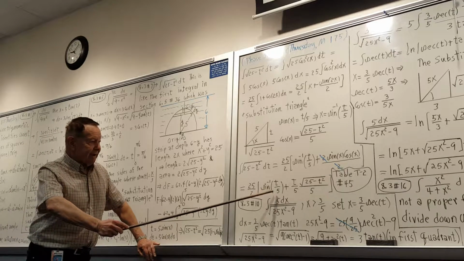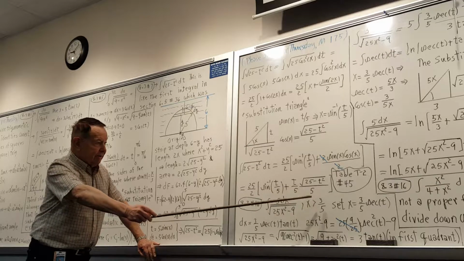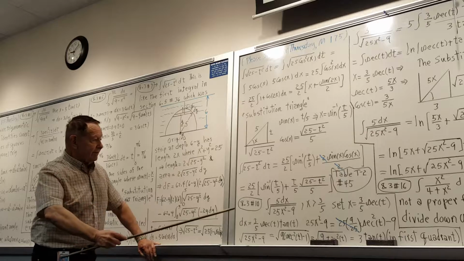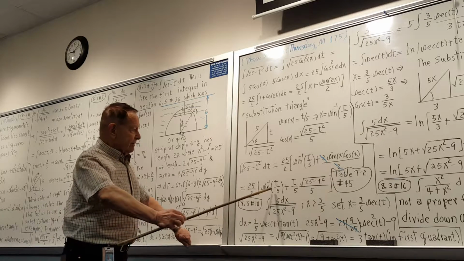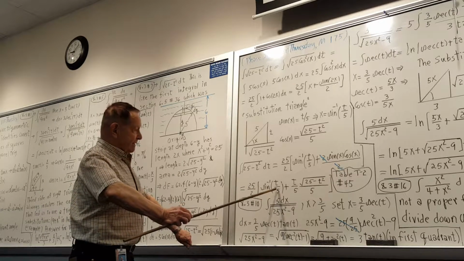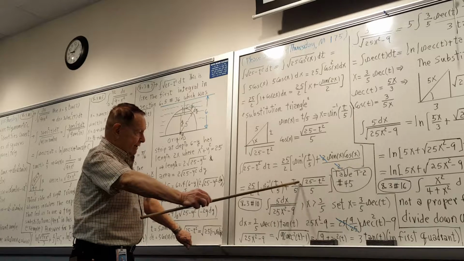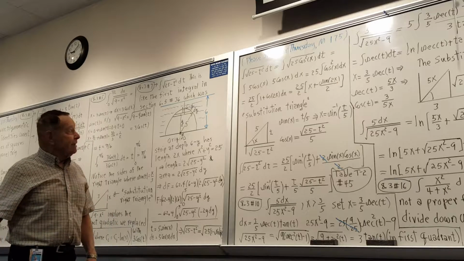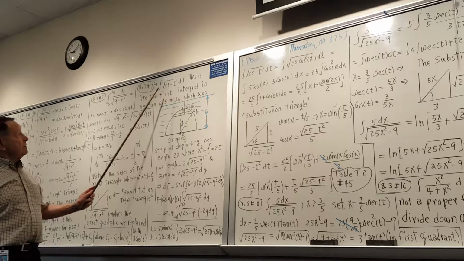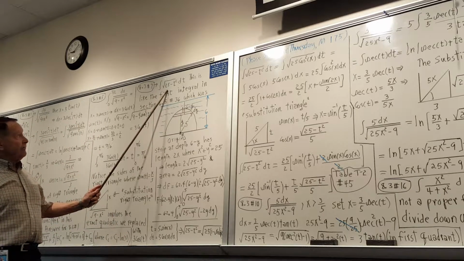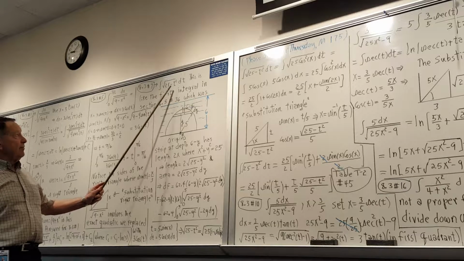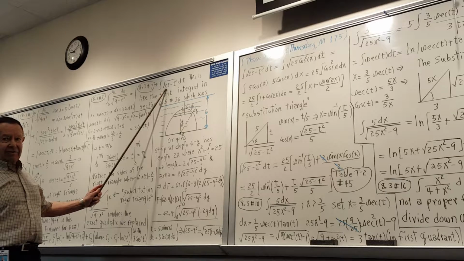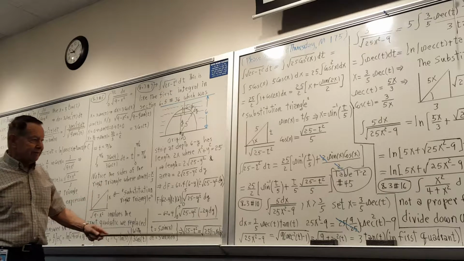So then finally, you could go on from there. This was an indefinite integral, so you would just be leaving it with the arc sine like this in terms of the original variable. In the formula 45, instead of 25 minus the squared variable, it's a square minus the squared variable.